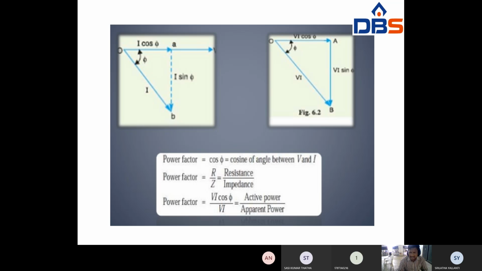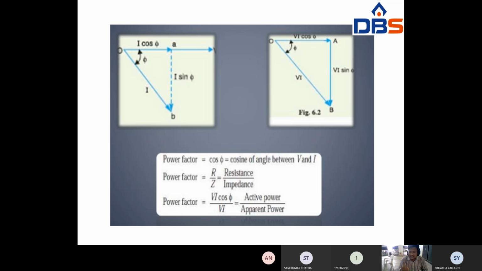So this definition we have studied in the resonance condition. At resonance condition, what is the power factor? Unity. How do we get unity? At resonant condition, impedance is equal to resistance, Z is equal to R. That means at resonance condition, the circuit behaves as purely resistive, with unity power factor.